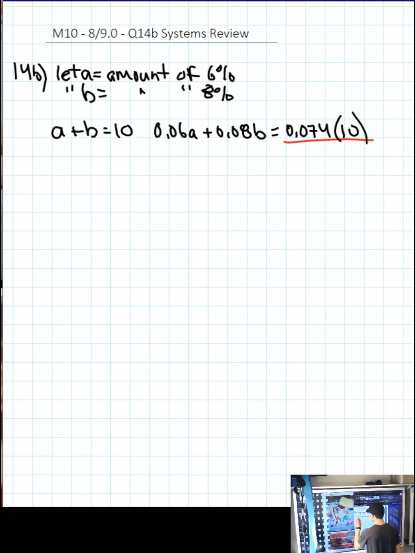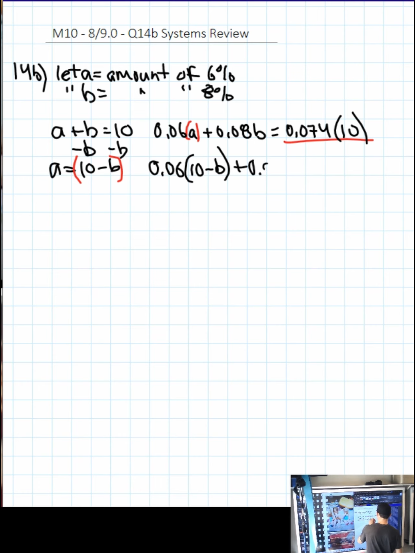Okay, so we can isolate for a variable. So if we subtract B from both sides, we'll get A equals 10 minus B. Put brackets around what A is equal to. Put brackets around A in the other equation. We can distribute 0.06 times 10 minus B plus 0.08B equals 0.074 times 10.